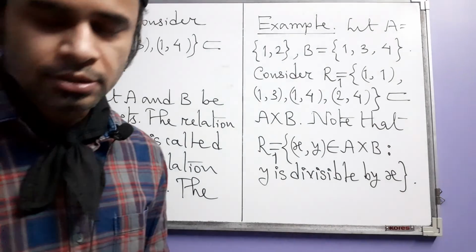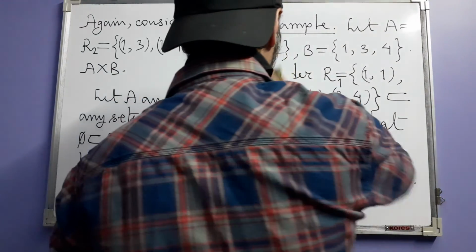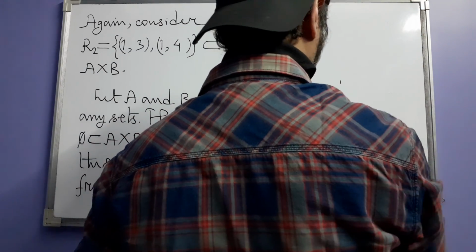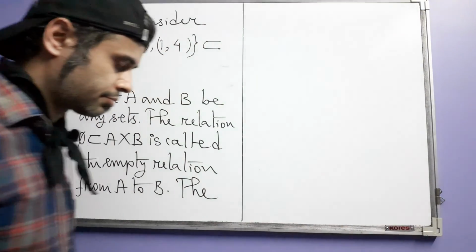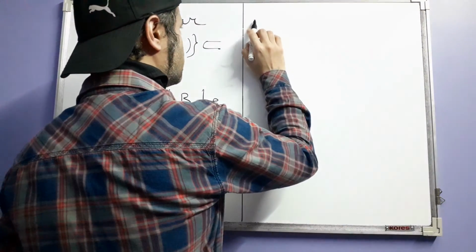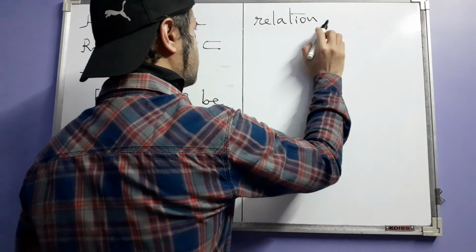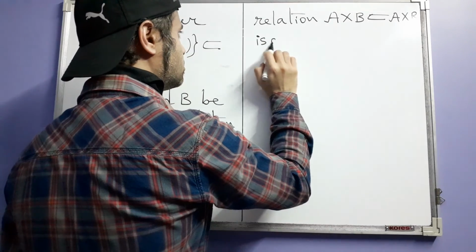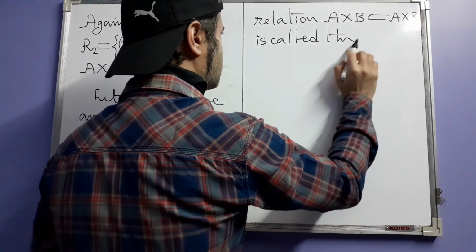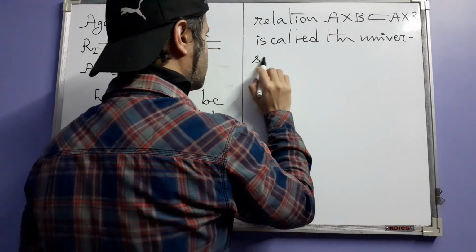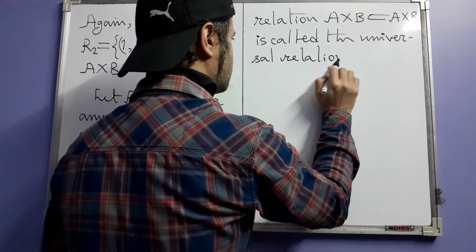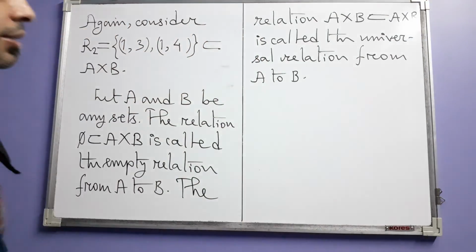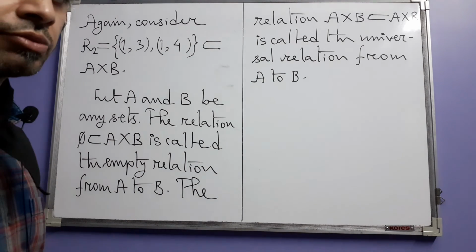And that relation is called the universal relation from A to B. You can clearly see why they are considered somewhat boring because both of them are extremes.